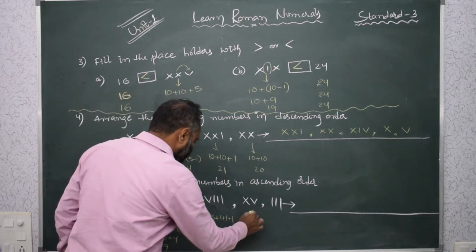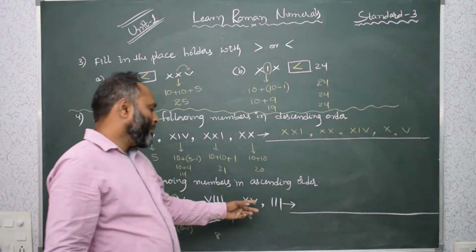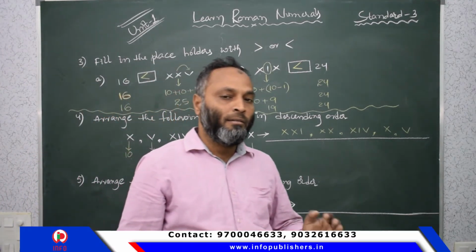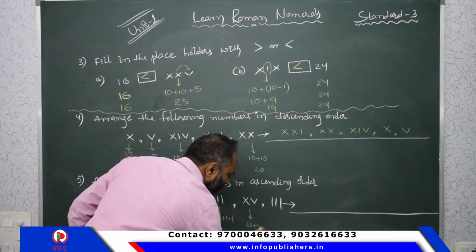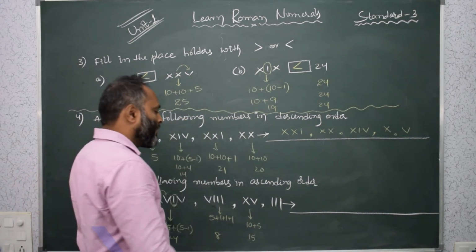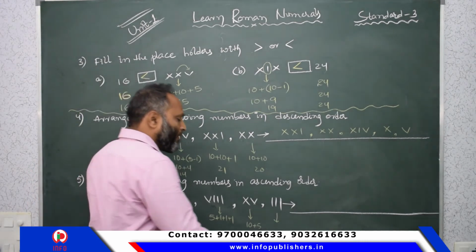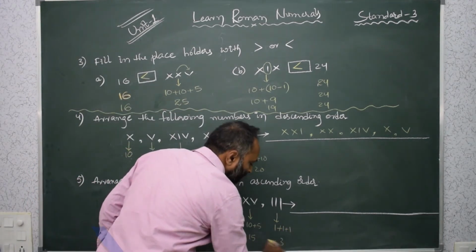Then after that, X means 10, V means 5. The smaller Roman numeral is on the right side, so add: 10 plus 5 is 15. Here I repeats 3 times, and according to our fourth rule we add: 1 plus 1 plus 1 is equal to 3.